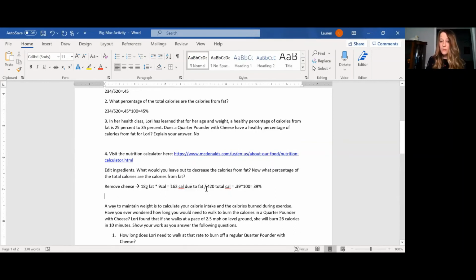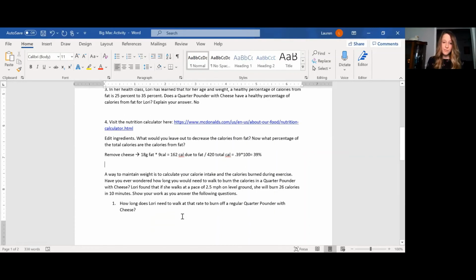Divide that by the 420 total calories based on my substitution. And that gave us a proportion of 0.39, which we then multiplied by 100 to get the 39% of total calories that are calories from fat based on our substitution or edit that removed the cheese.